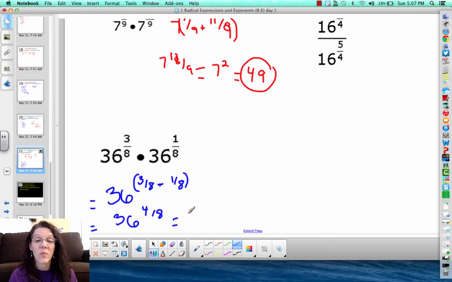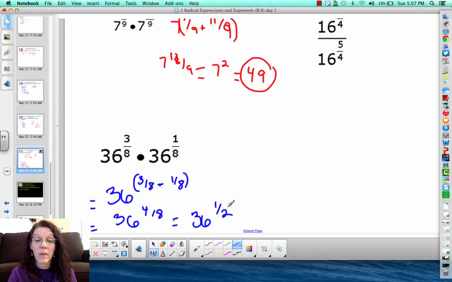But 36 to the 4/8 is the same thing as 36 to the 1/2, because I can simplify 4/8 to 1/2. But remember, from just above, something to the 1/2 power is 36 to the 1/2 power.